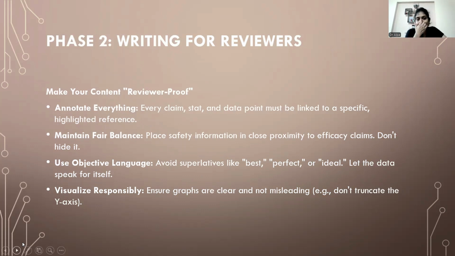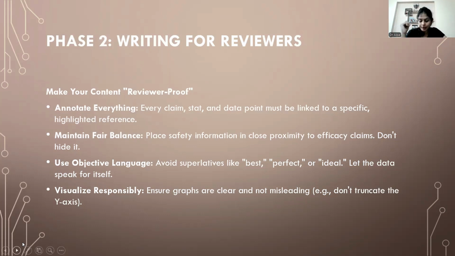Now coming to the next phase, writing. When we talk about writing, first and foremost, reference everything, annotate everything. Every claim, especially the data point, must be linked to a specific highlighted reference. A fair balance.